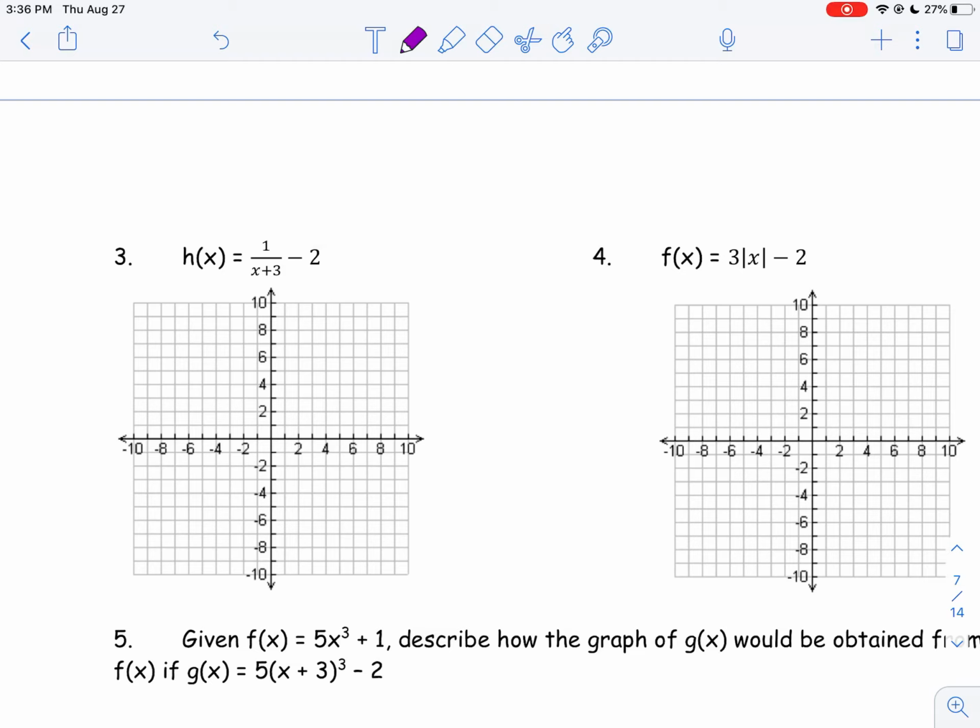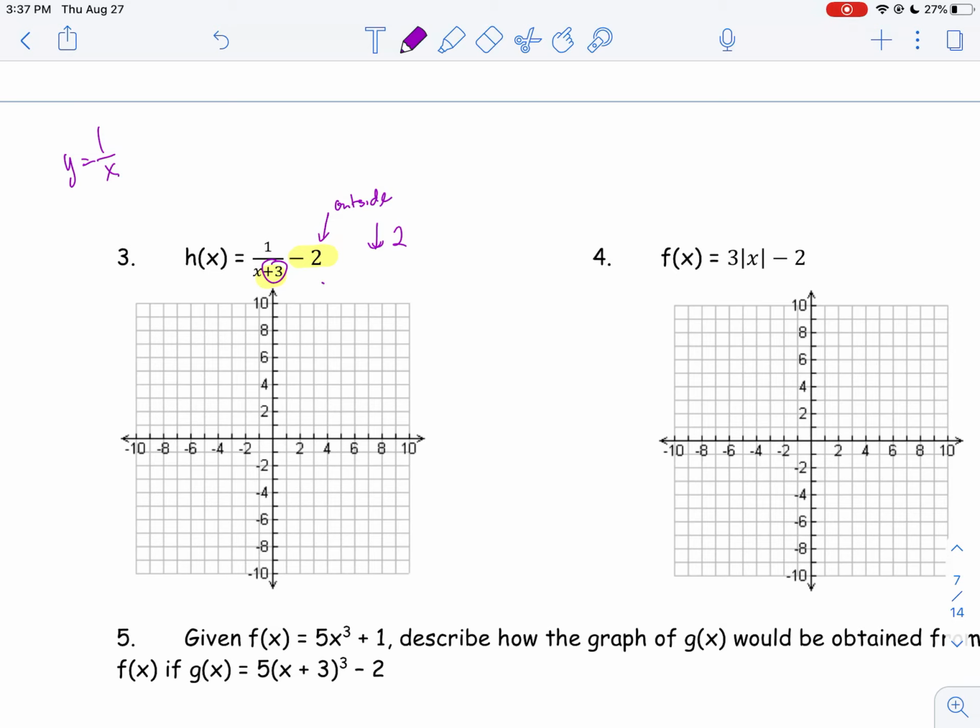Here we go. Parent function. Do you see the parent function 1 over x involved? The plus 3, the minus 2. Hopefully you see this is outside, so this is going to move it down 2. This is on the inside of the function, so it's going to move it, you might think right, but it's backwards. It's going to move it left 3.